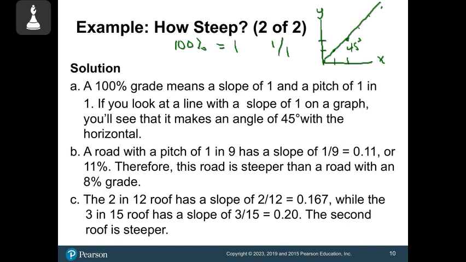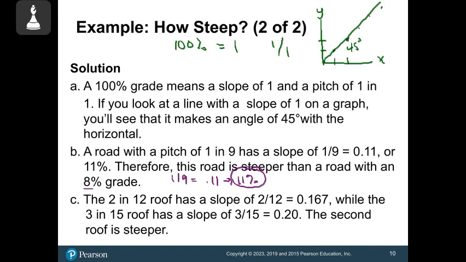The second question asks us to compare a pitch of 1 in 9 with an 8% grade. So 1 in 9, I first have to change that into decimal form. So 1 out of 9 is 0.11. 0.11 means 11%. Clearly, 11% is steeper than 8%.